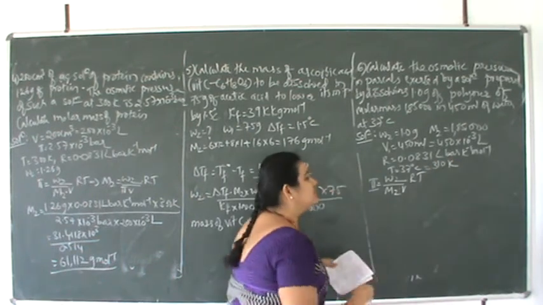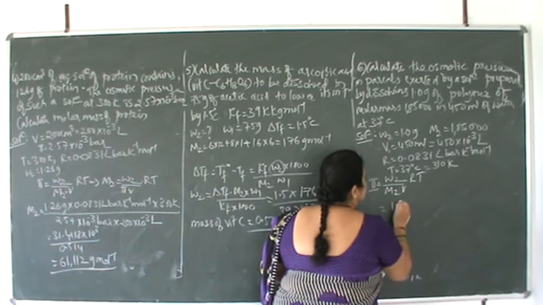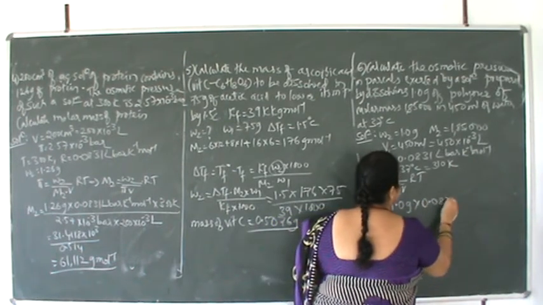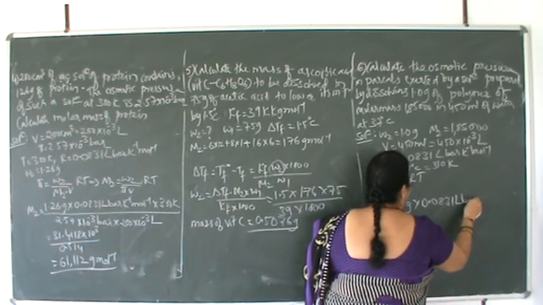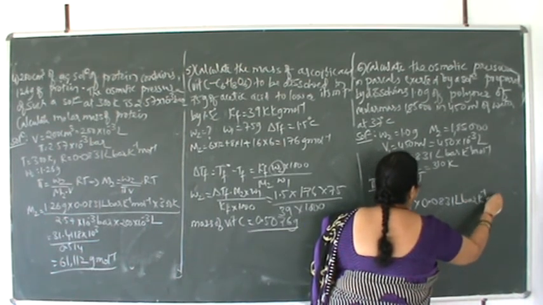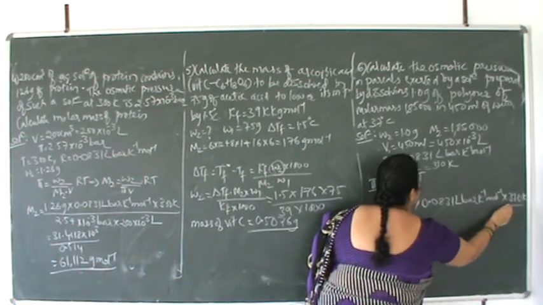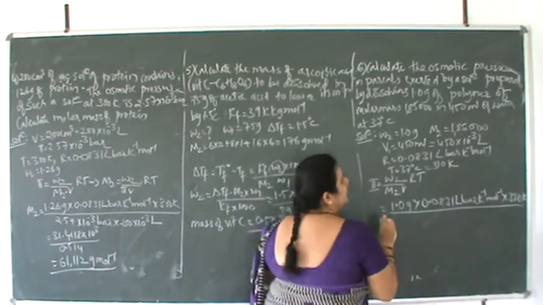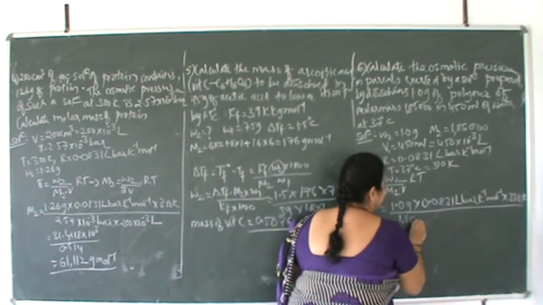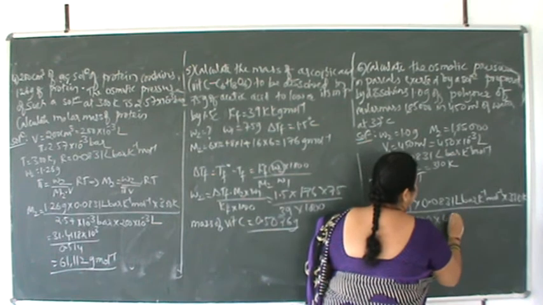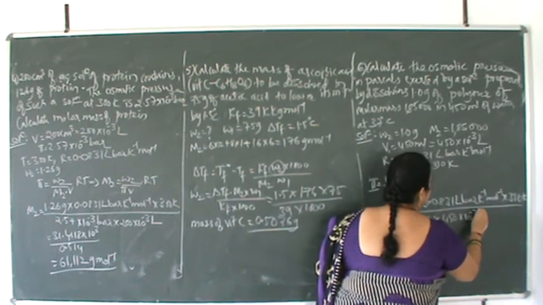Now substitute the values. 1.0 grams into 0.0831 liter bar per Kelvin per mole into 310 Kelvin divided by M2 is 1,85,000 into V is 450 into 10 raised to minus 3 liters.